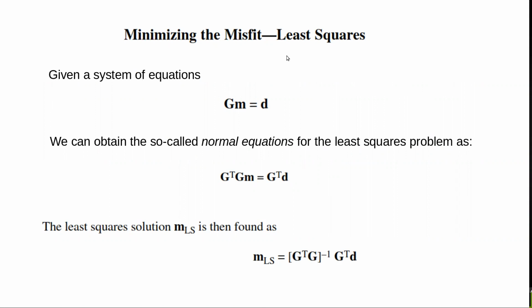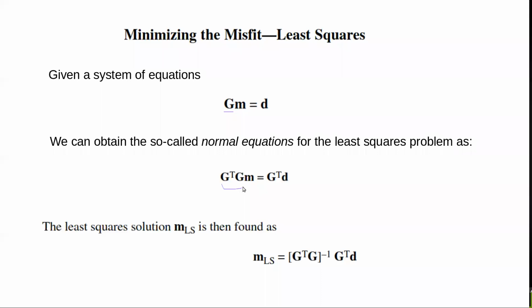We first look at the least squares problem. So we're given a system of equations, which we have seen how to cast in matrix notation. And then for the least squares, we can get what we call the normal equations, which is where we just pre-multiply this G by G transpose, and the right side also we pre-multiply by G transpose. Now, depending on the number of independent columns in G, this is a good system.